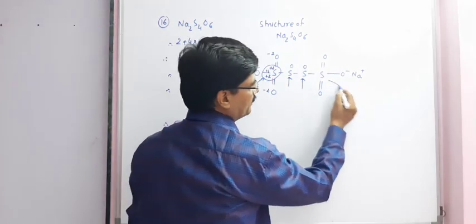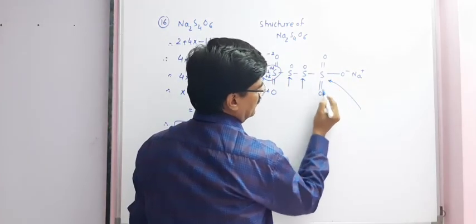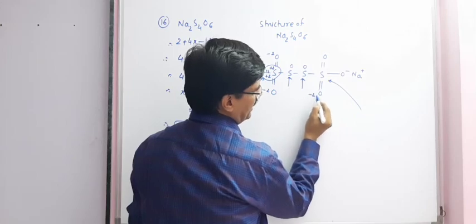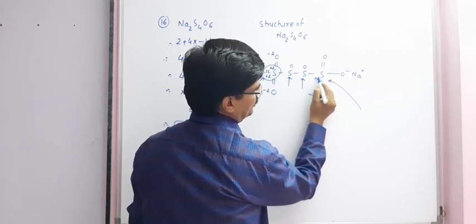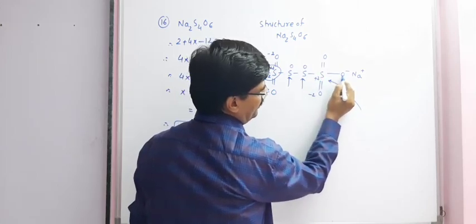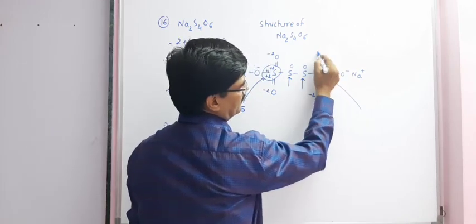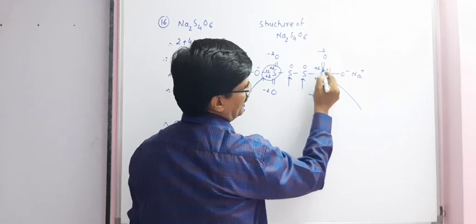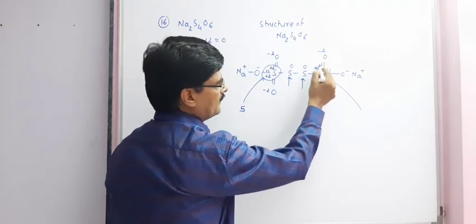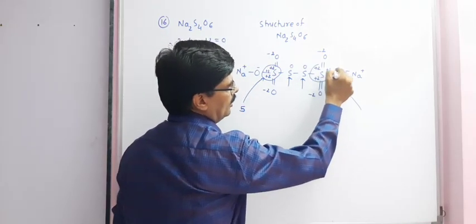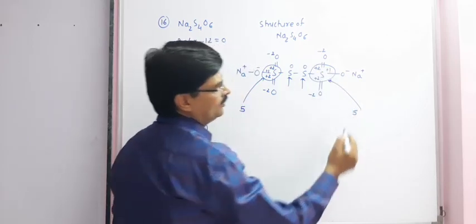Same way for this sulfur. For this oxygen it is minus 2, so we can write here plus 2. Same way for this oxygen we can write plus 1. And for this oxygen, as it is minus 2, this is plus 2. So the oxidation state of this sulfur is also 5.